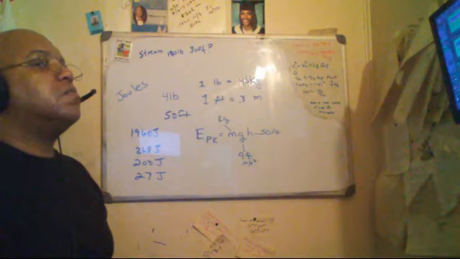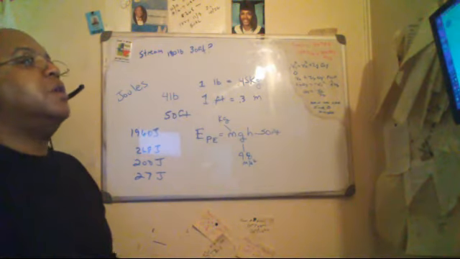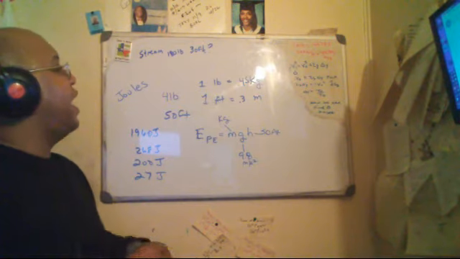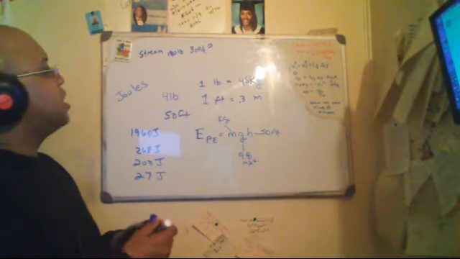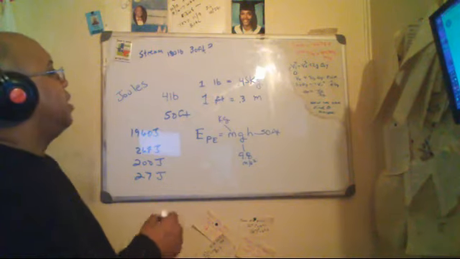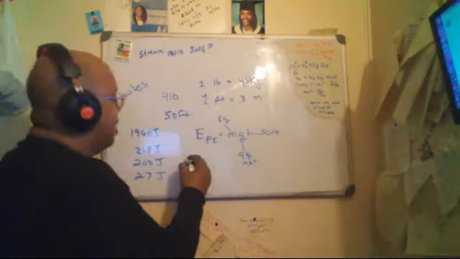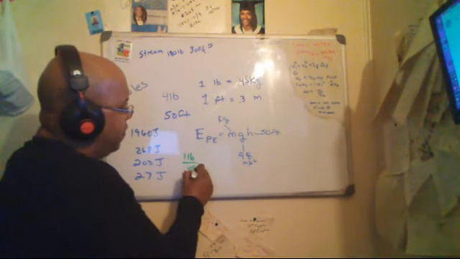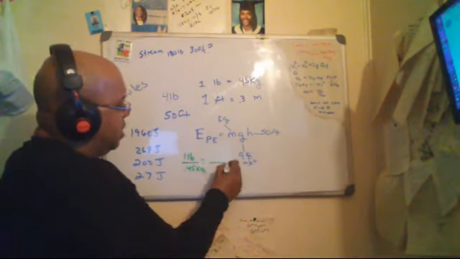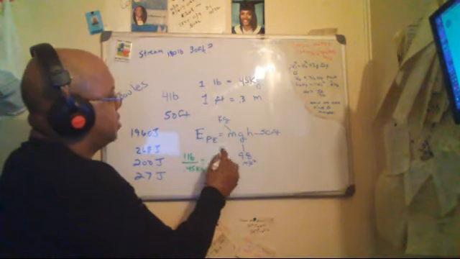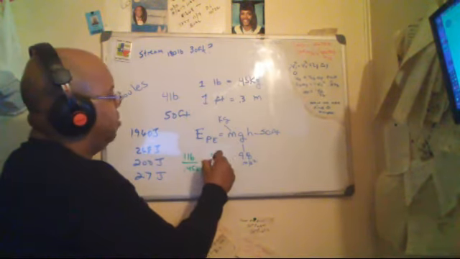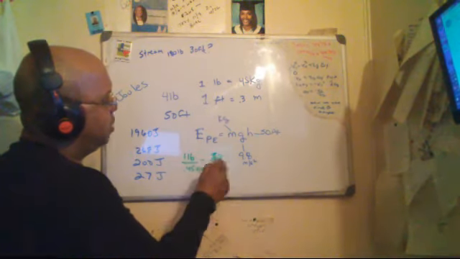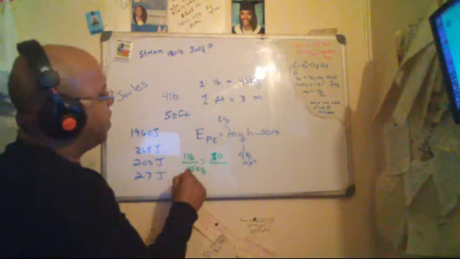Okay, so what is the potential energy of a 4-pound book held 50 feet in the air? All right, so let's explore pounds for a sec. If 1 pound is 0.45 kilograms, then 50 pounds is going to be 50 times 0.45.